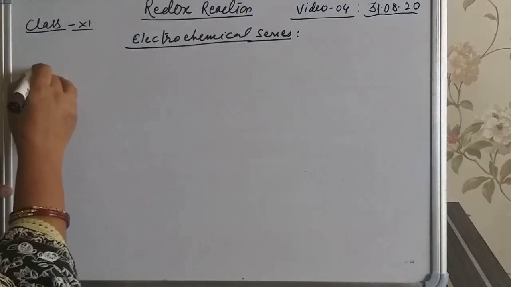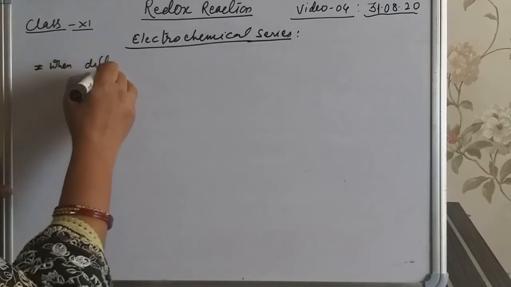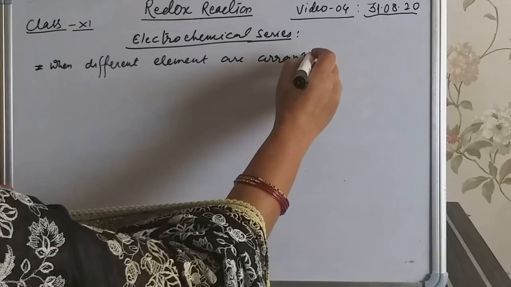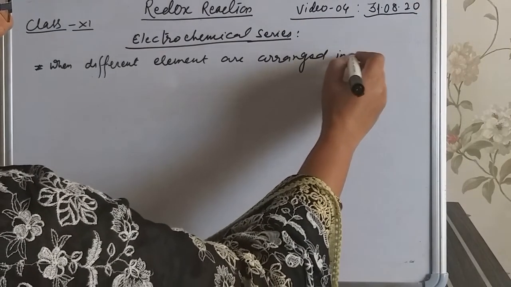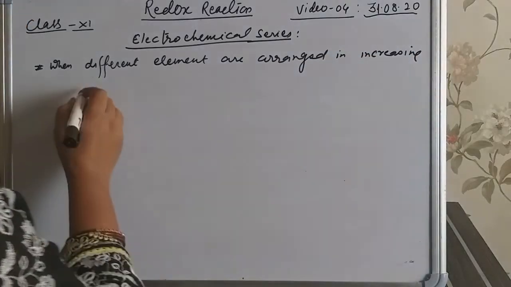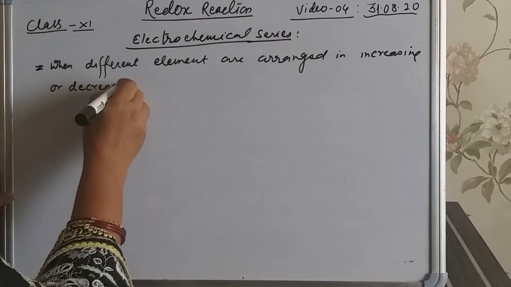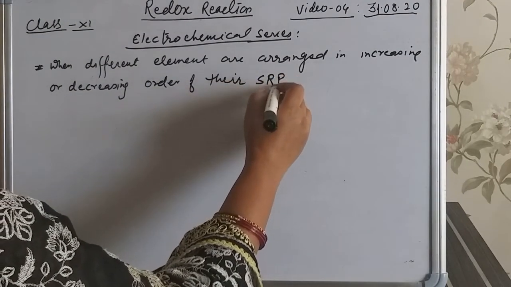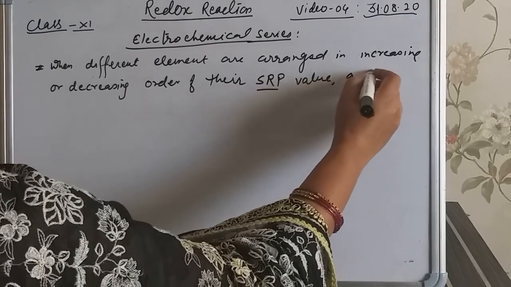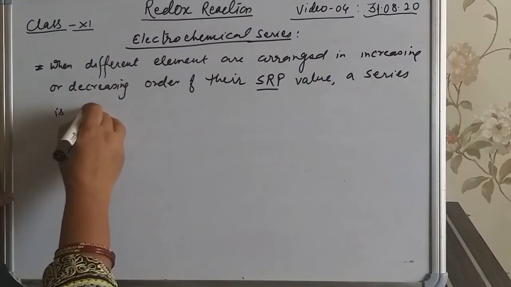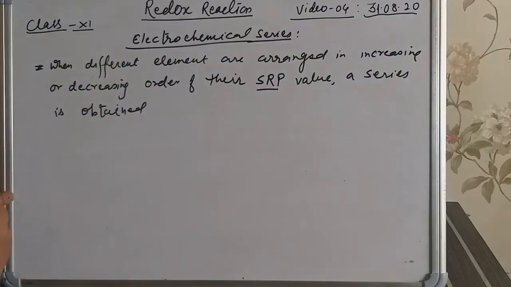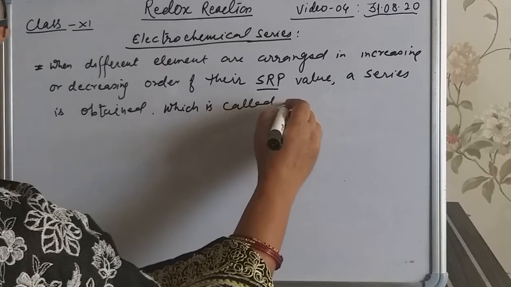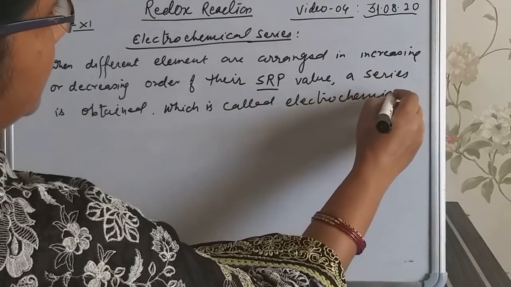When different elements are arranged in increasing or decreasing order of their standard reduction potential value, a series is obtained, which is called the electrochemical series.